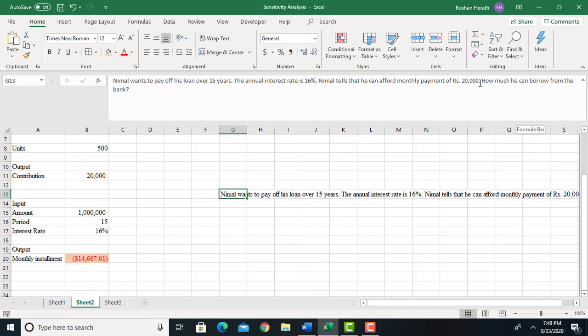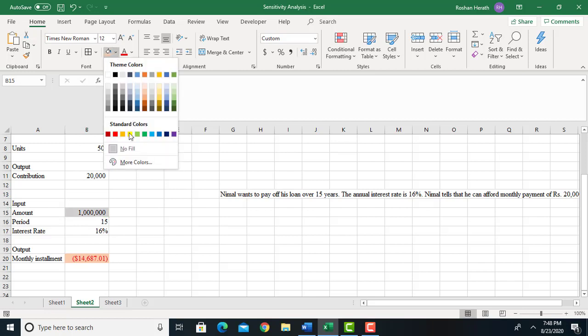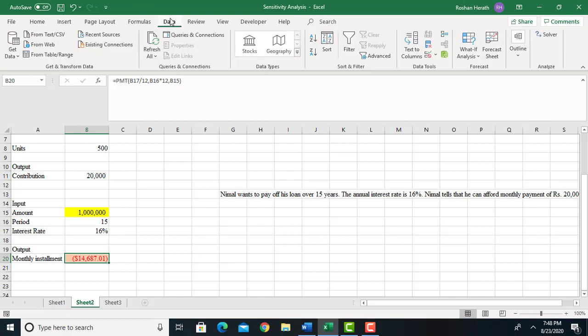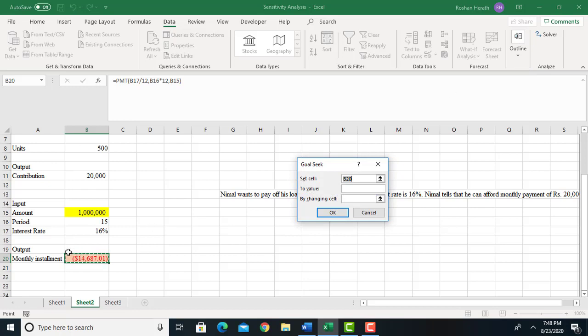He can afford 20,000. Then under the prevailing conditions, what is the amount that he can go for? In order to help you with this, you can use Goal Seek. There you can specify the required information. Set value, that is the monthly installment. Just select that. Then to what value? You can go up to 20,000. These are minus figures, so make it minus 20,000.